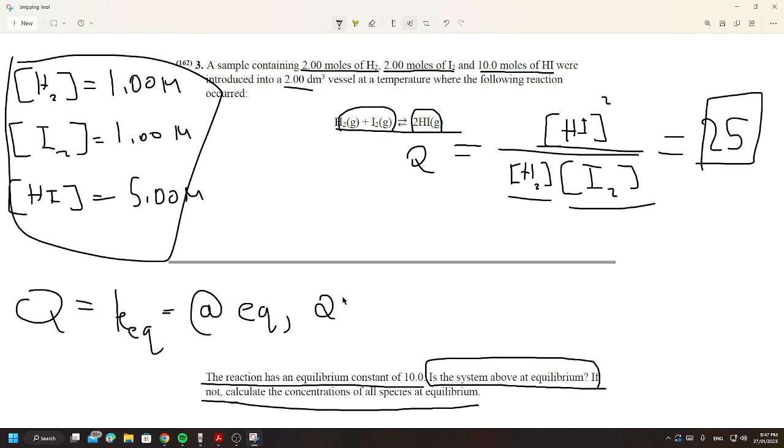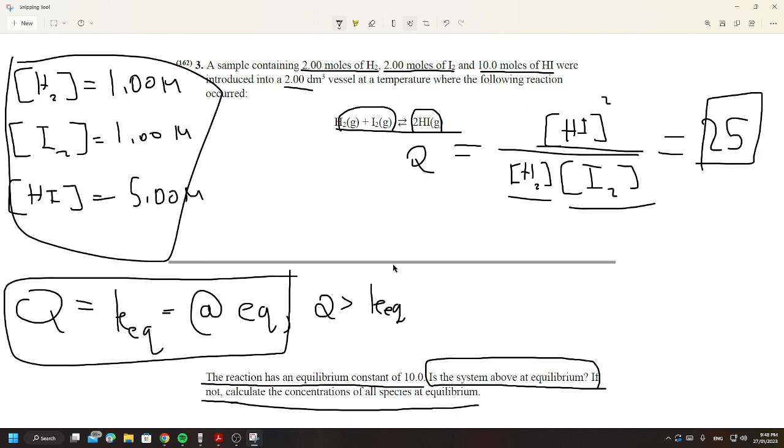If Q is more than the K equilibrium value, then the system is going to favor the leftward reaction.